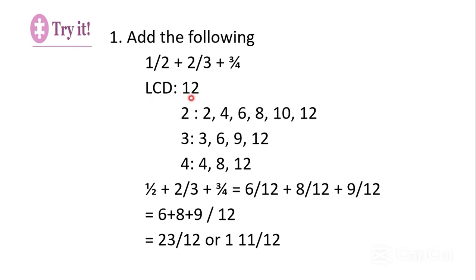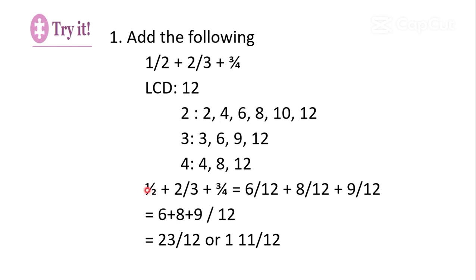After getting the LCD, you need to copy it, then use it to get the equivalent fractions by dividing your LCD by the denominators. Then the result is multiplied to the numerator to get the new numerator for your equivalent fraction. So let's start. Are you ready? 12 divided by 2, that is 6.